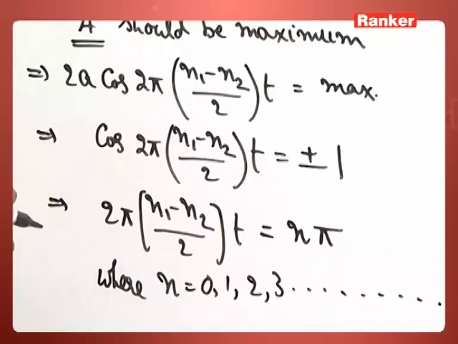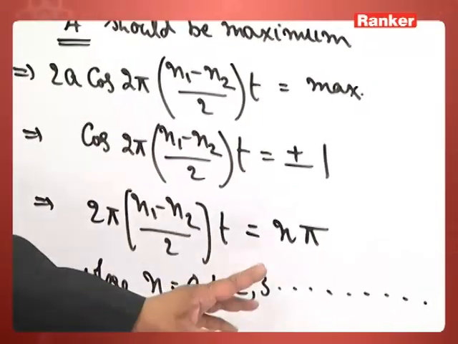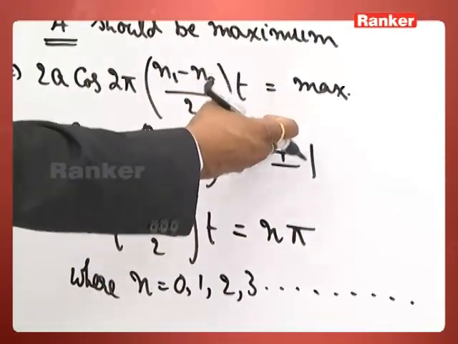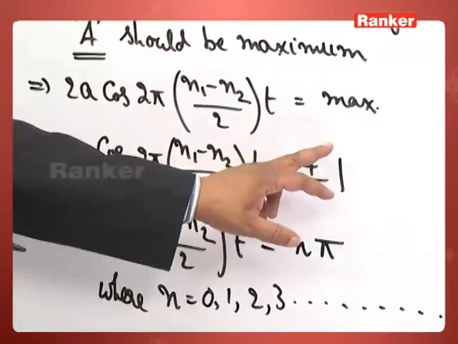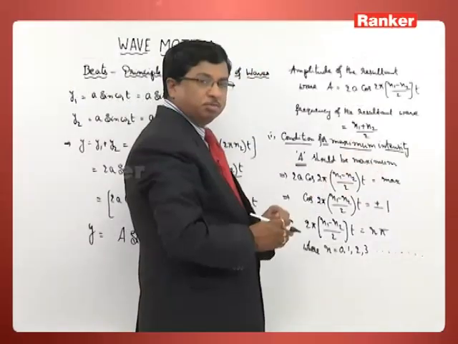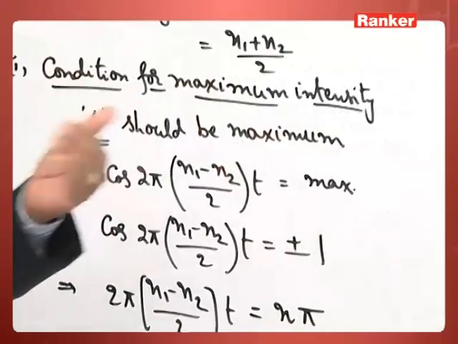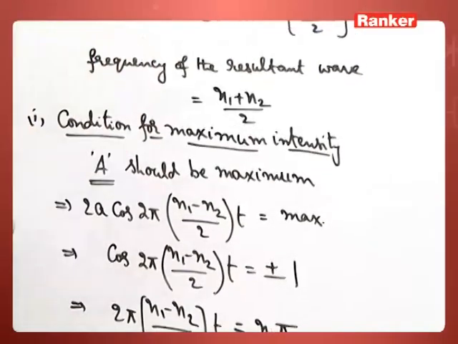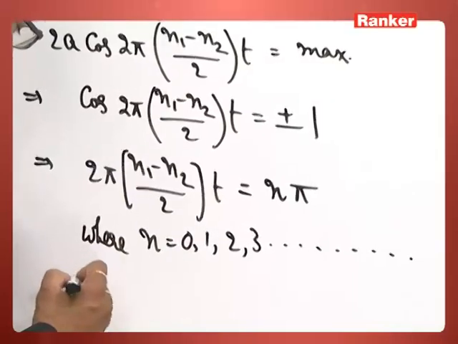Multiples of pi, starting with the value of n as 0, 1, 2, 3, if you substitute, you will be getting the cos functional values as plus 1, minus 1, plus 1, minus 1 like that. When you are getting the value as plus 1 or minus 1, the total amplitude becomes maximum, and automatically the intensity thereby produced of the resultant wave becomes maximum there. So, what is the basic equation out of this one you can predict now?